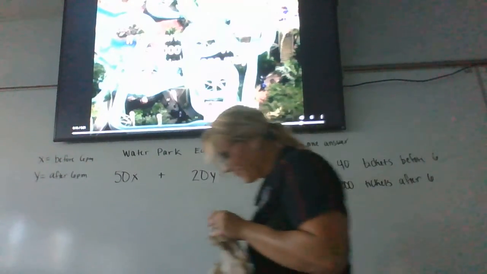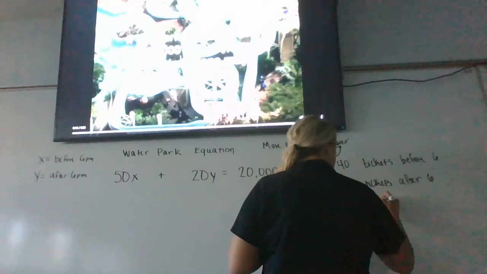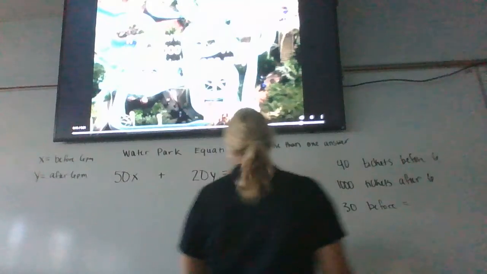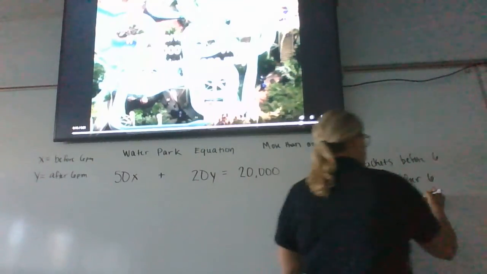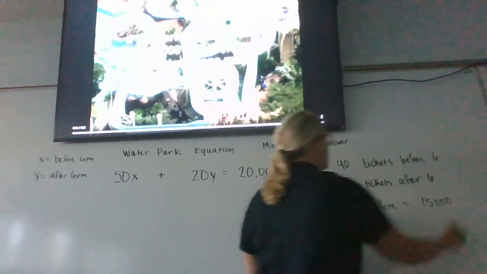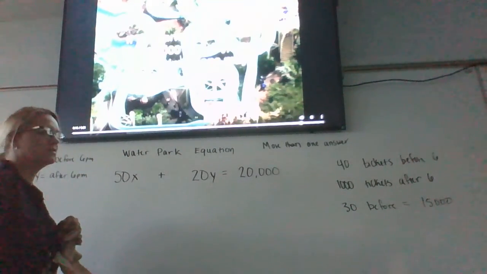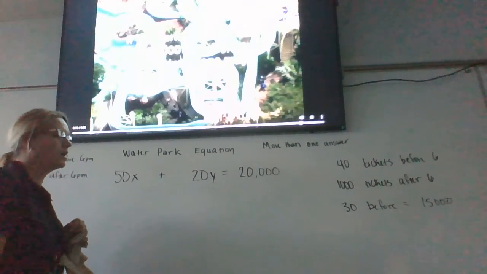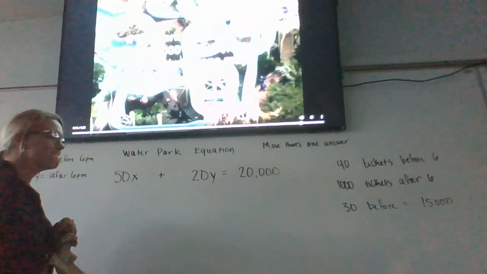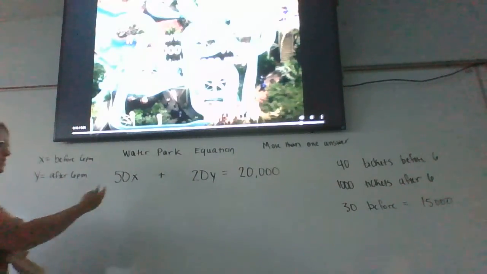Okay, so I got 30 tickets before 6, which means that is how many? 150 or 15,000. What if we had 10 of these? That's 500.